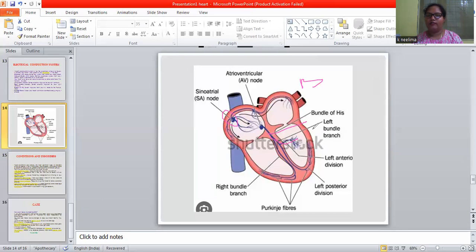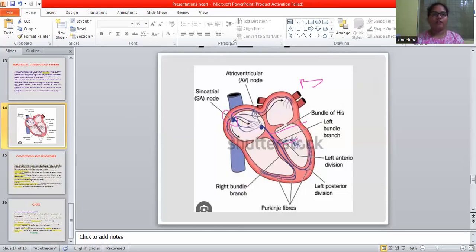This is called the left bundle branch, and this is the right bundle branch. The left branch divides into fascicles, and the fibers of the bundle of His go to the right side and left side. These are called the Purkinje fibers.